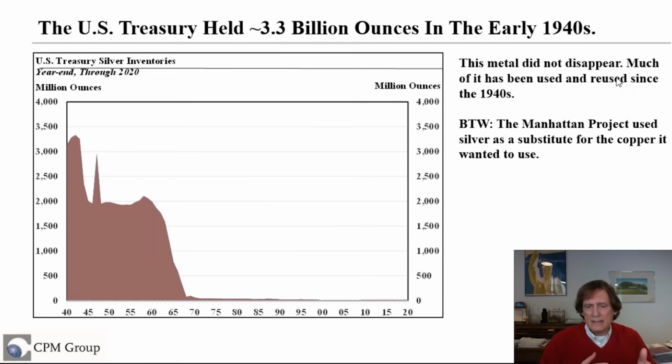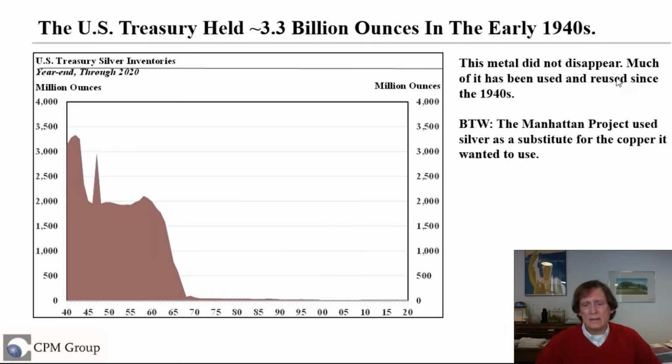And by 1970, they were down to 139 million ounces, and that was sent to the military strategic stockpile as the residual was there. The Treasury held on to 30 or 40, 50 million ounces maybe back then, just to have it, and they still have it.